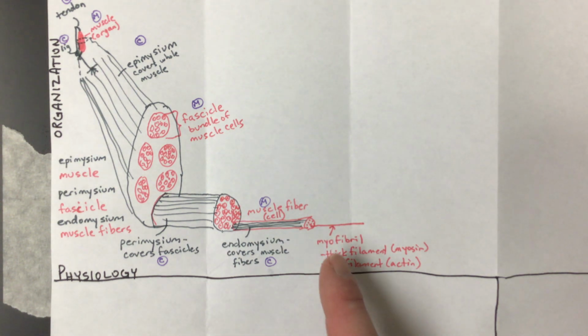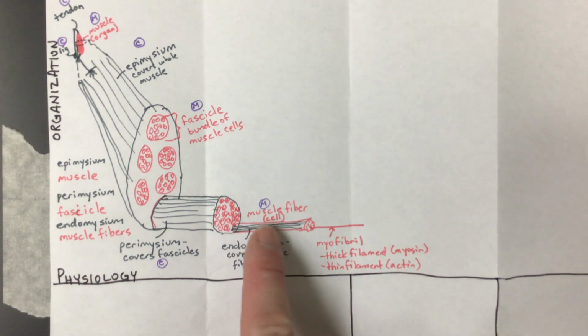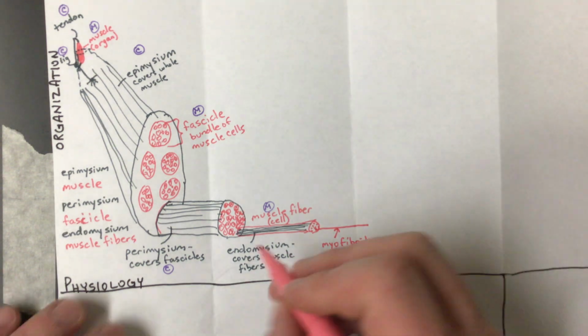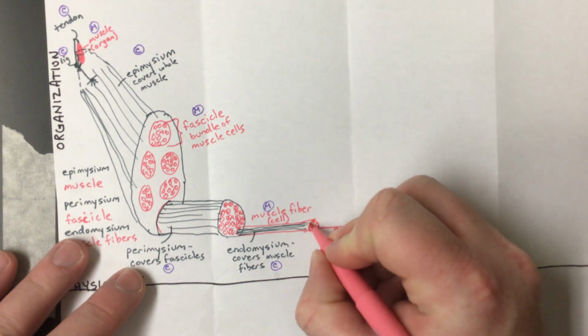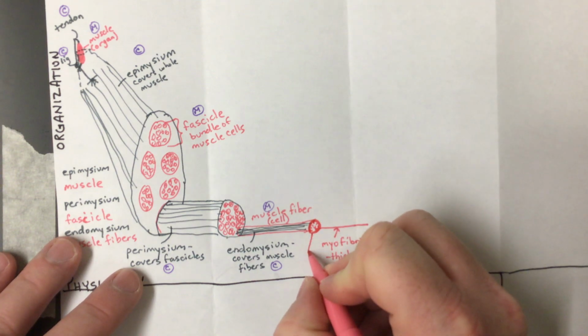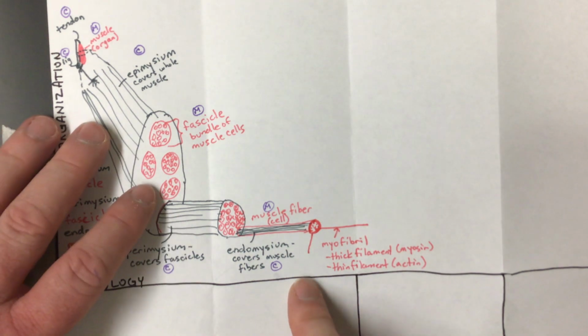When we talked about cell organization, we talked about how cells have a plasma membrane, and muscle cells have a plasma membrane as well, and that's underneath the endomysium. So I want to just highlight that structure right here, and we'll squeeze in the name.